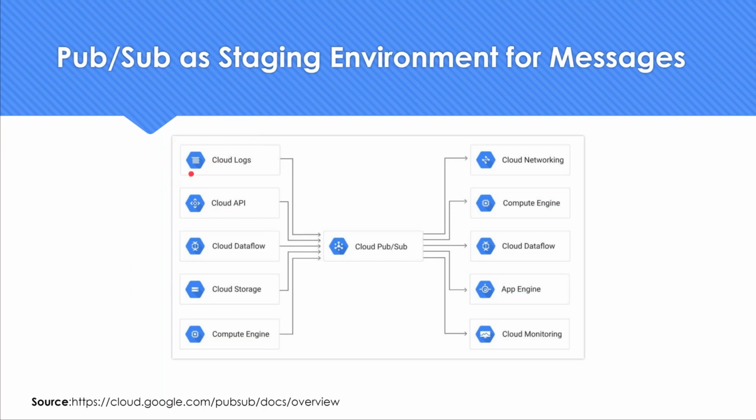So any logs that come, you put them into PubSub. From PubSub, you send a notification. So you can use it as a staging environment for your messages. So this is an important one. PubSub and Google Cloud Storage have a relationship. Any objects you want to stage, use Google Cloud Storage. Any real-time messages which you want to stage, use PubSub.